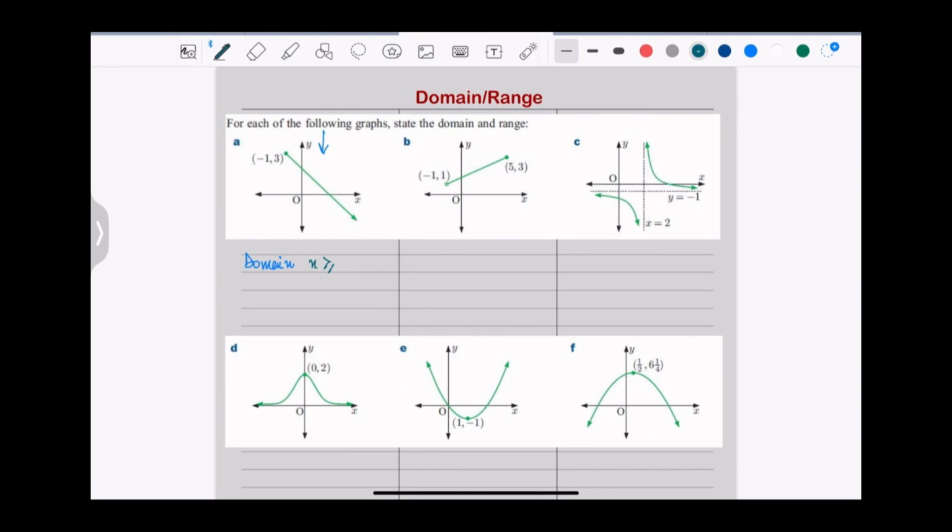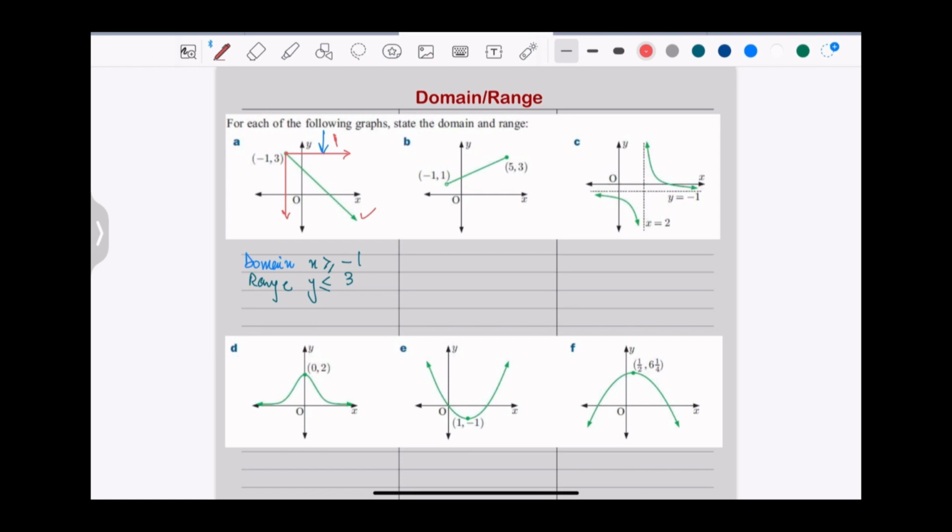Range is y less than or equal to 3, because the function is going down vertically. If you want to look at it like this, this is the starting point and you go straight down till the maximum. It's not stopping. And the same way, domain is on the left or right part.